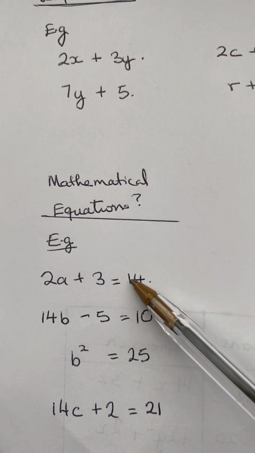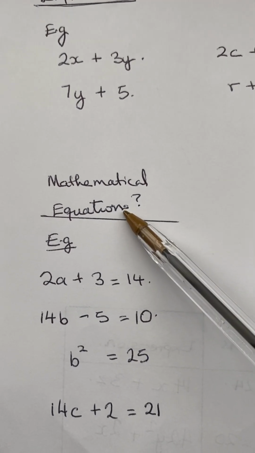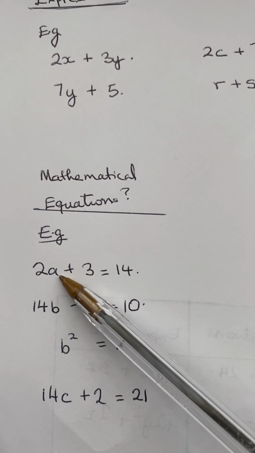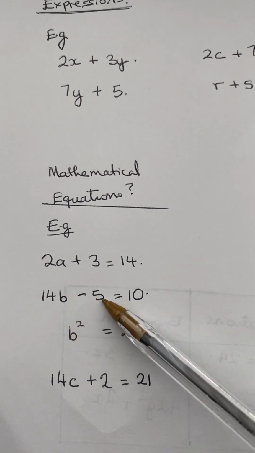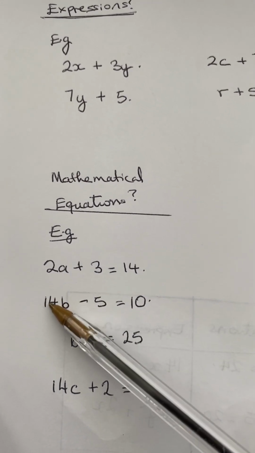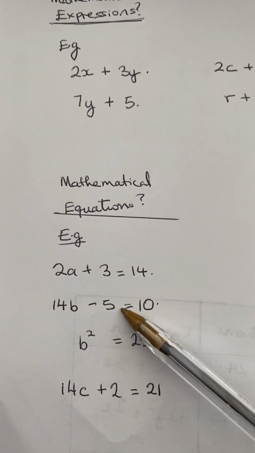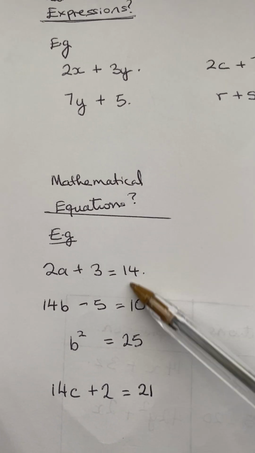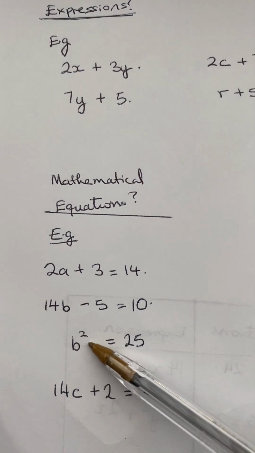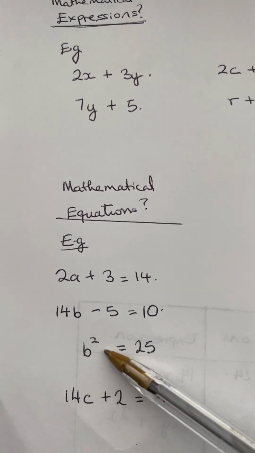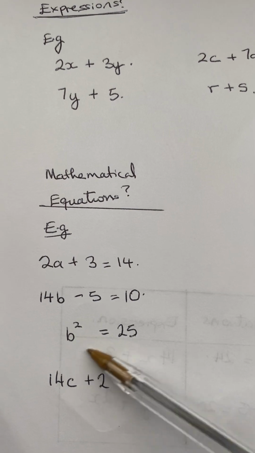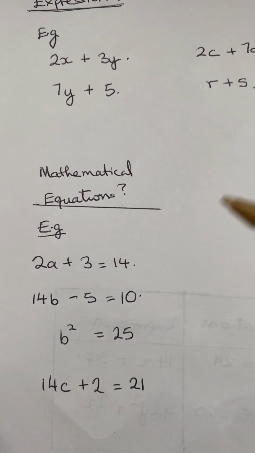But if this is equal to something, then it becomes an equation, because here you can find the a. 4b minus 5 is a mathematical expression, but if you equate it to 10, then it becomes an equation. b squared on its own is an expression, but b squared equals 25 becomes an equation where you can find b.